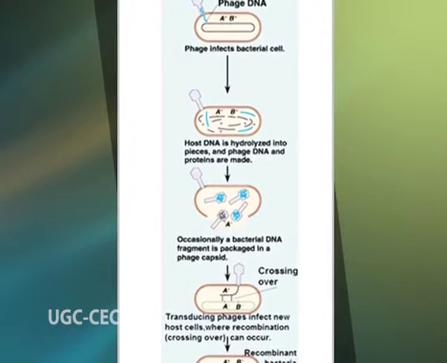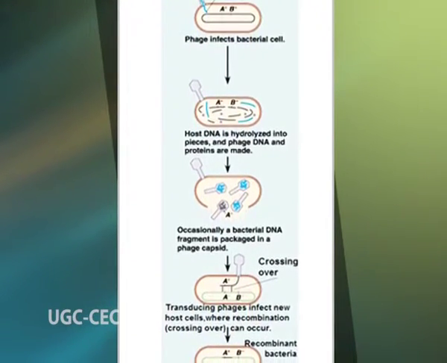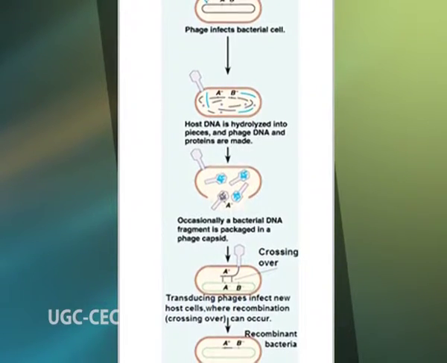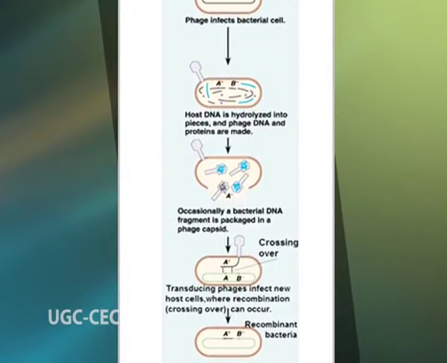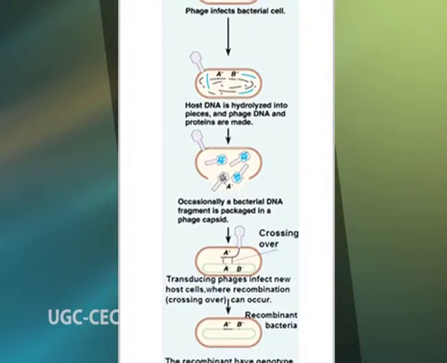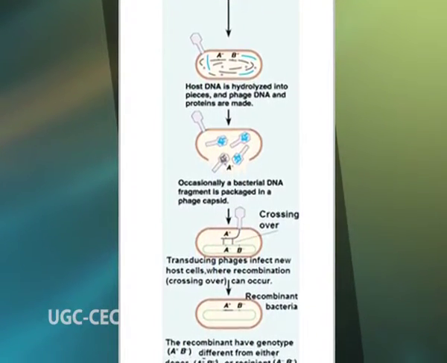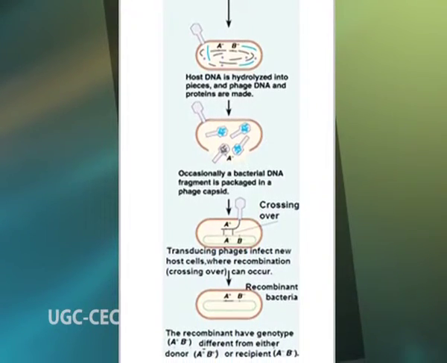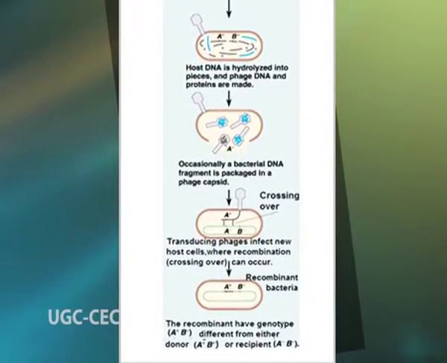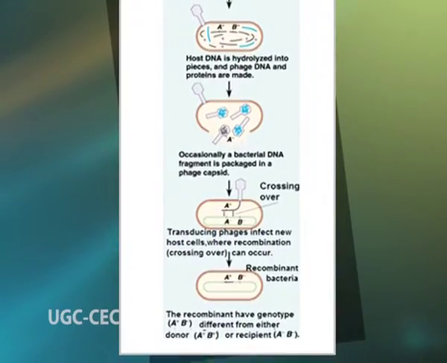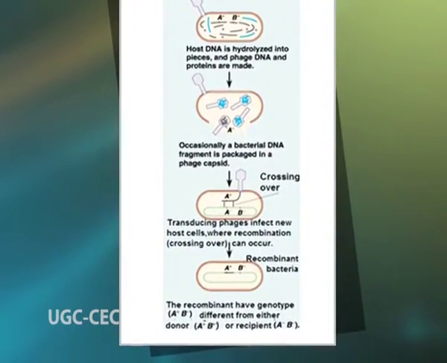In the next step, transducing phages infect new host cells where recombination can occur. And finally, the recombinant has genotype A plus B minus, different from either the donor, that is A plus B plus, or the recipient, A minus B minus.